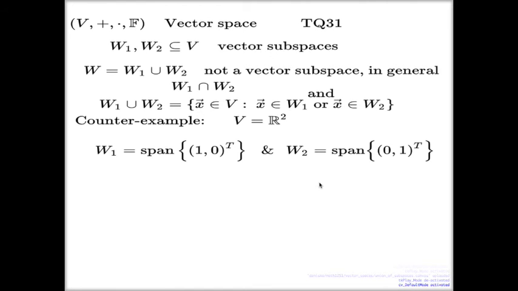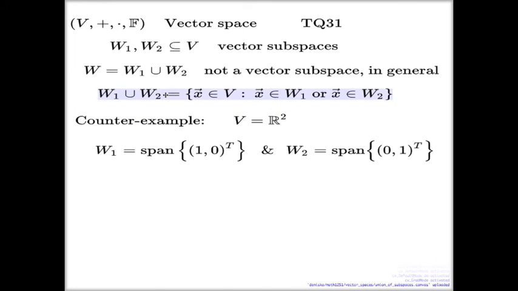What I claim is, if you take the union of these two, like this, I can kill this, I can kill this. If I take a union of these two, the union is no longer a subspace. And I will claim this by showing that one of the criteria in the subspace theorem, they are not satisfied.